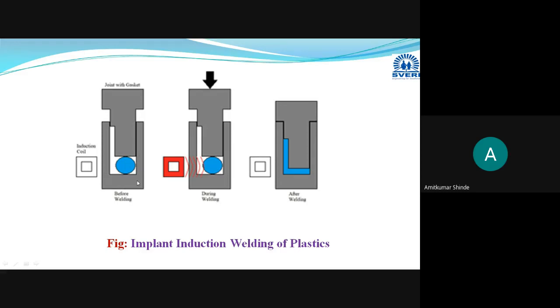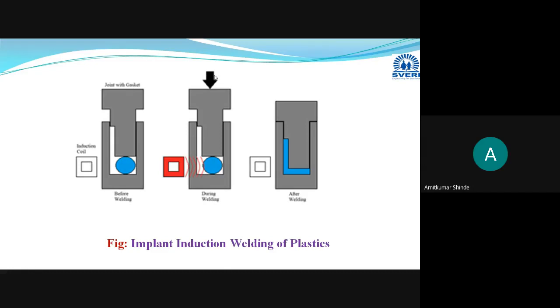Due to that heat, whichever electromagnetic adhesive material is taken here will start melting. With the help of this, you can say some punch or plunger or other plastic part, this is your joint with the help of the gasket.